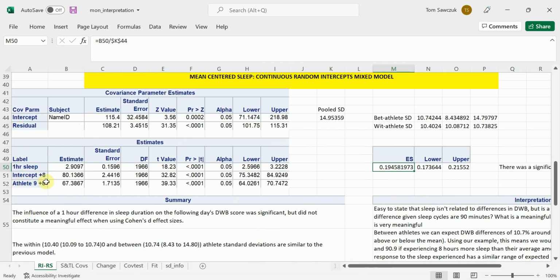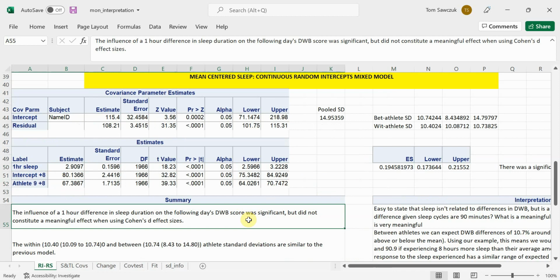And then we have the intercept and the athlete 9, which we'll come to in a second. So the summary was that the effect of 1 hour difference in sleep duration on the following day's daily well-being was significant, but it didn't constitute a meaningful effect when Cohen's d effect sizes were used.